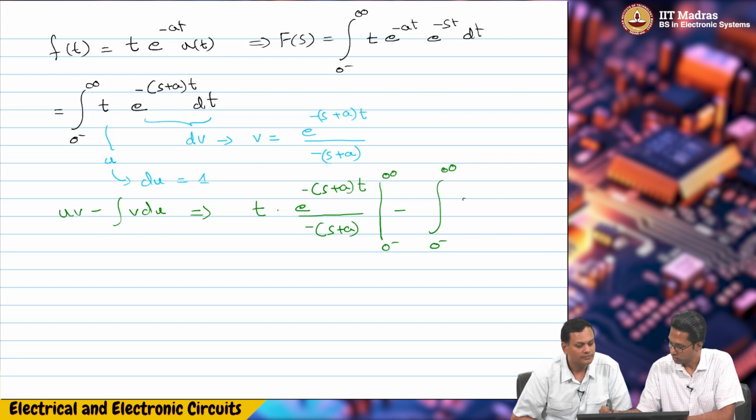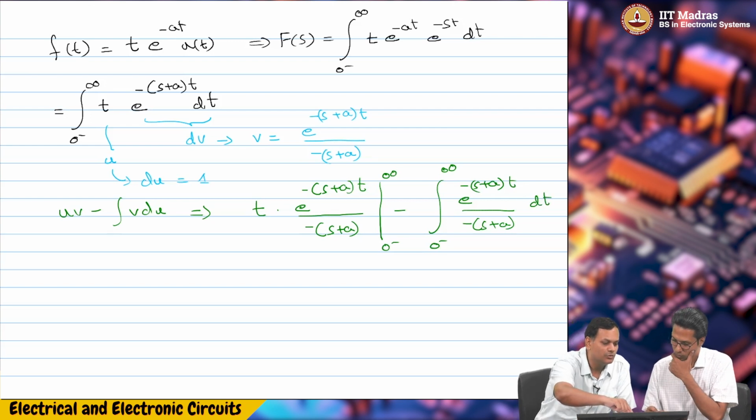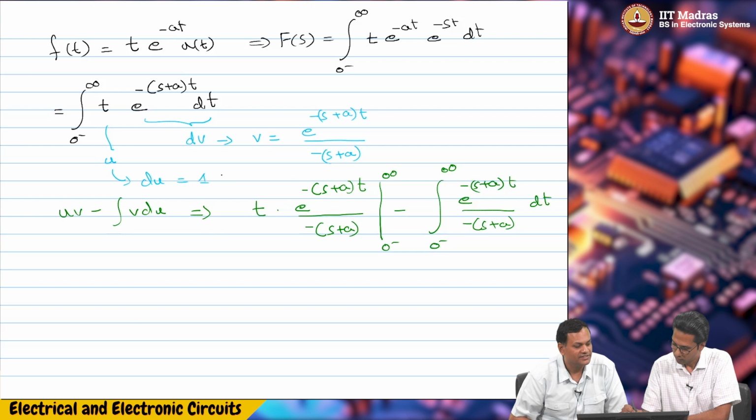V is e power minus s plus a times t divided by minus s plus a, and du is 1 dt. I think we should write du is 1 dt technically.